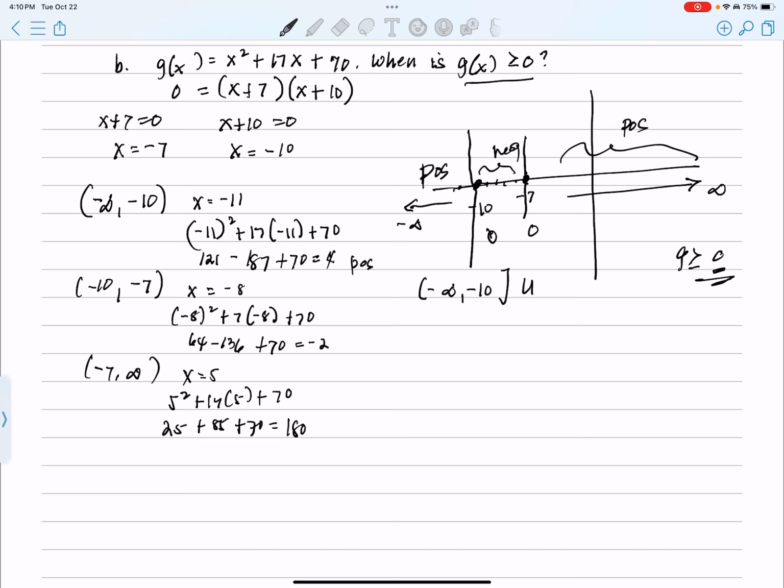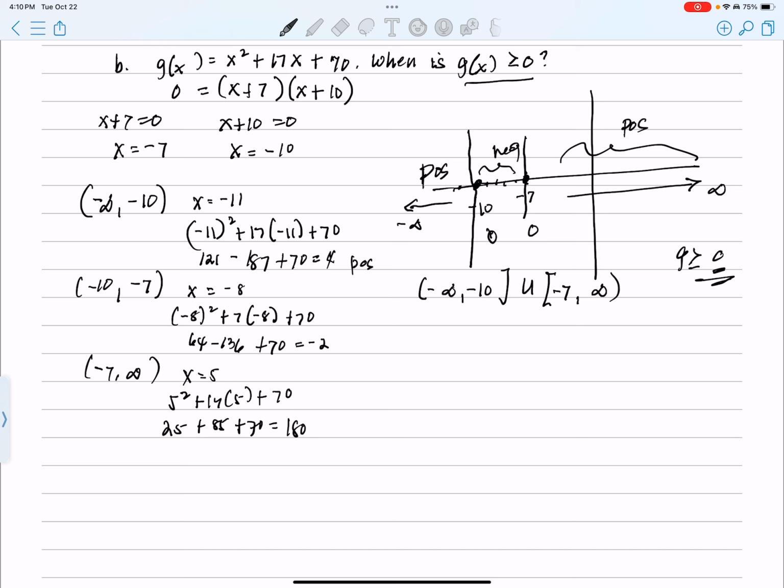If it just said greater than, it would not be included. And we have another one from negative 7 to positive infinity. Negative 7 is included, so we put a closed bracket there.